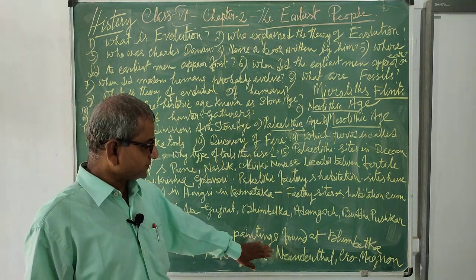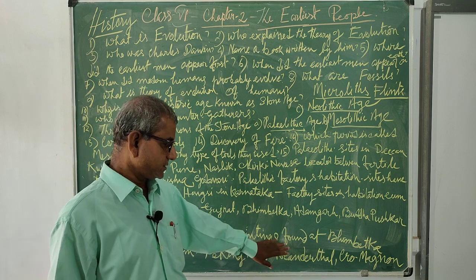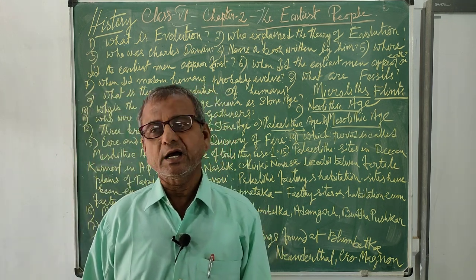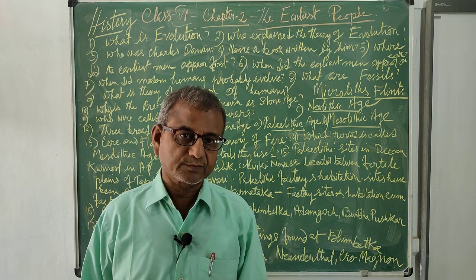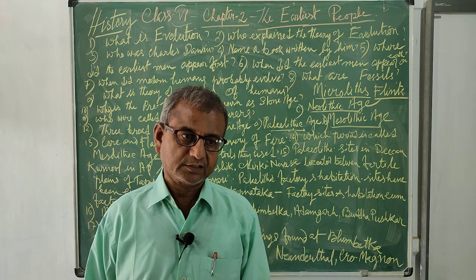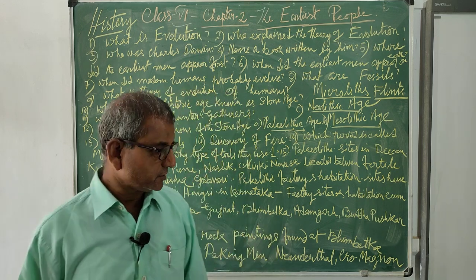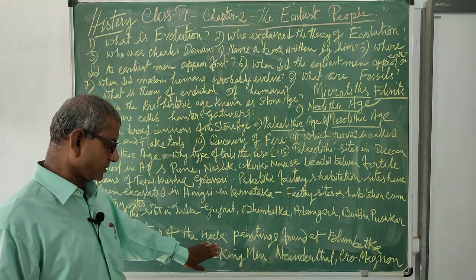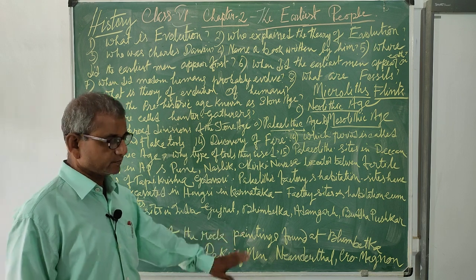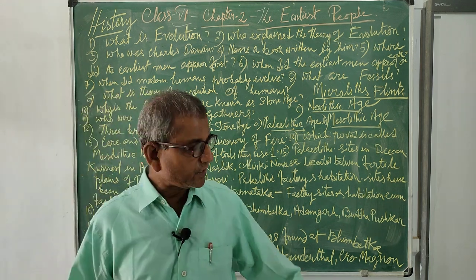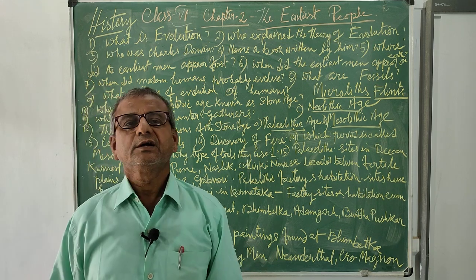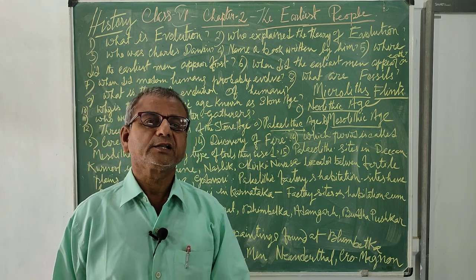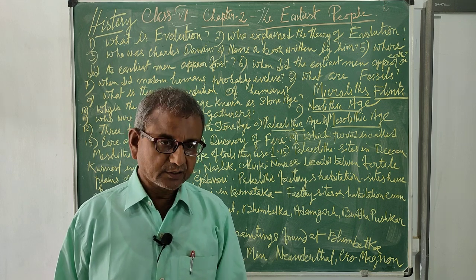We can see pictures of both men and women, and they used extensively white and red colors. This is a major discovery by archaeologists, and we can compare these paintings with the Altamira cave in Spain, where a painting of a bison has been discovered.